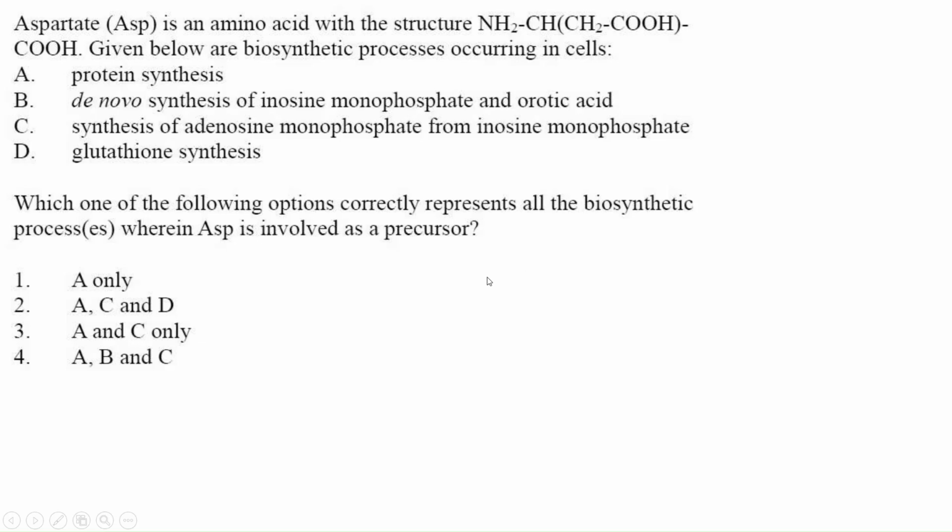And D is glutathione synthesis. Now the question is, which one of the following options correctly represents all the biosynthetic processes wherein aspartate is involved as a precursor? Our options are: first, only A; second, A, C, and D; third option is A and C only; and fourth option is A, B, and C.